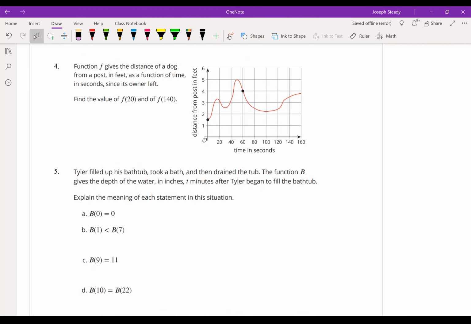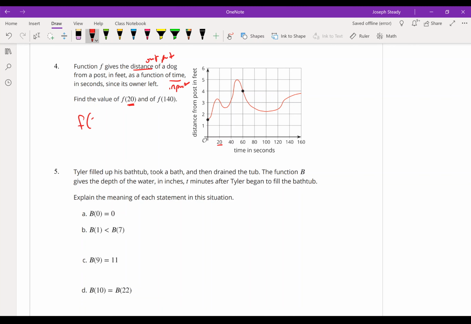Number 4, function f gives the distance of a dog from a post. Hey, we saw this problem in class. In feet as a function of time, in seconds since its owner left. So again, distance is the output. Time is the input. So f of 20 means that time is 20. So I come over here, look at 20 is right there, and it looks like that is about, I'm going to call it 3.2 feet.